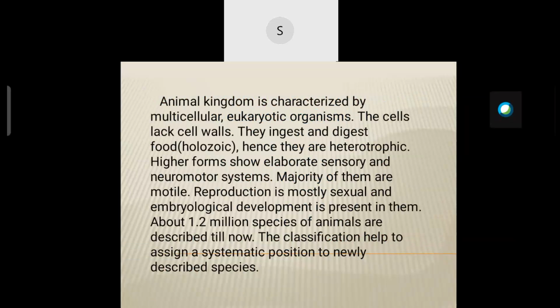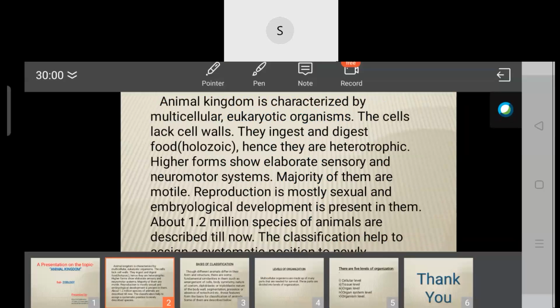Majority of them are motile. Reproduction is mostly sexual and embryological development is present in them. About 1.2 million species of animals have been described till now. The classification helped to assign a systematic position to newly described species.